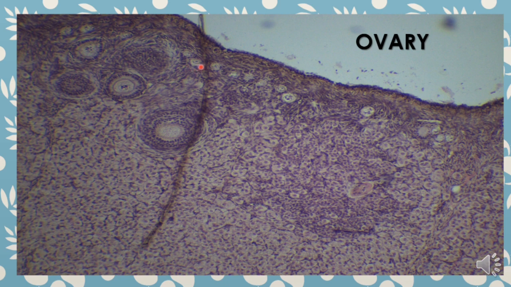Primordial follicles consist of a single layer of flattened cells, or squamous epithelium, surrounding the primary oocyte.